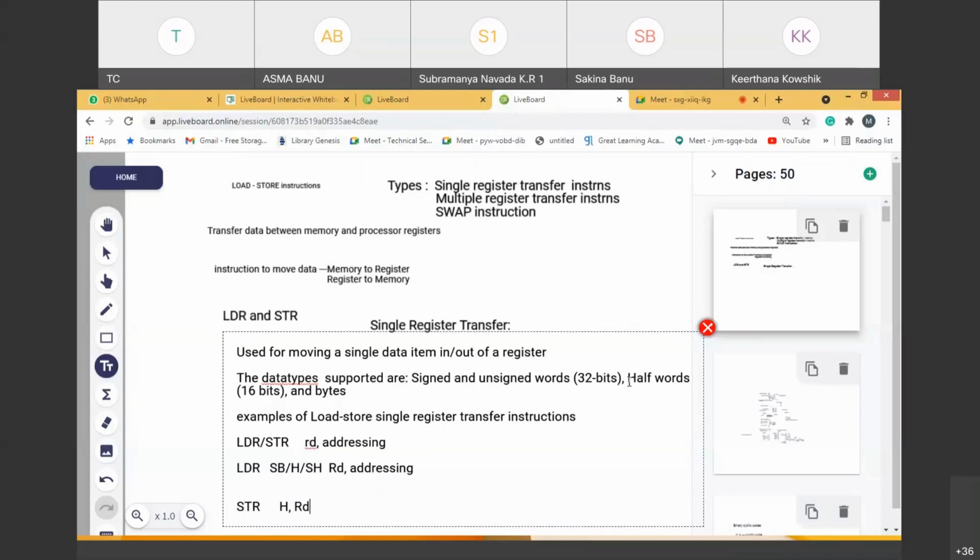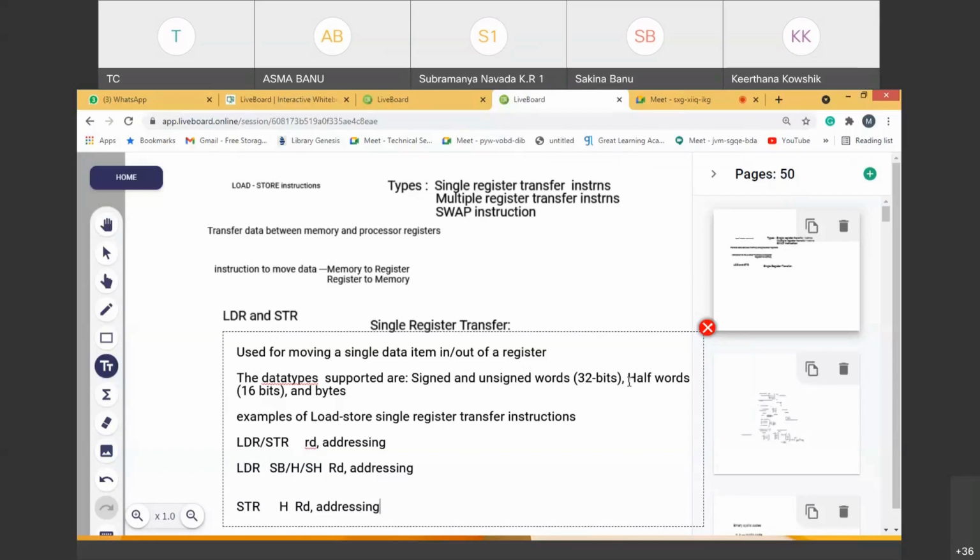I should not put the signed notation for STR. So from LDR Rd, comma, addressing means take the value from the address. That's a simple concept. LDR means load the Rd register from the address. STR means store Rd onto that particular address. That's the simple meaning.